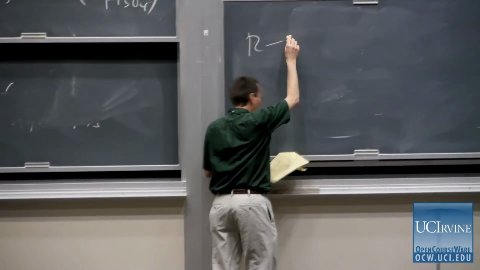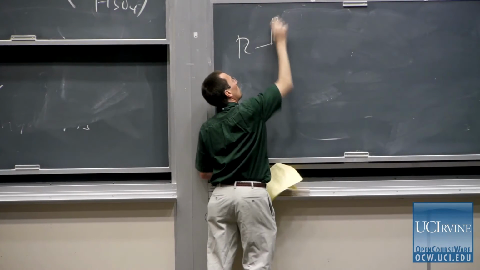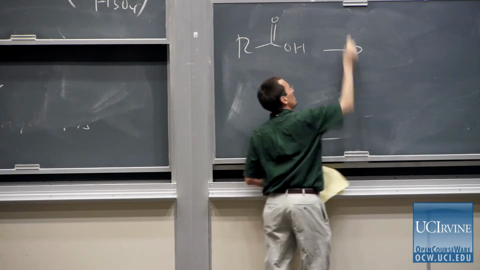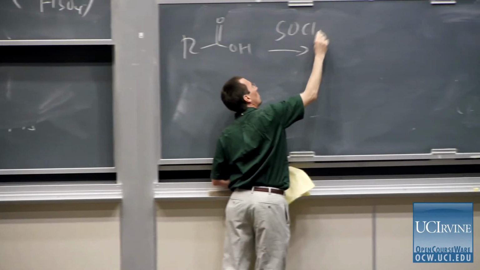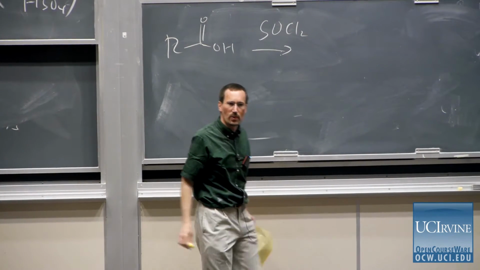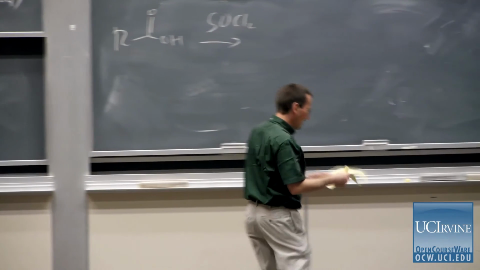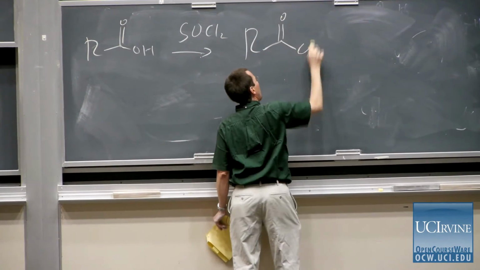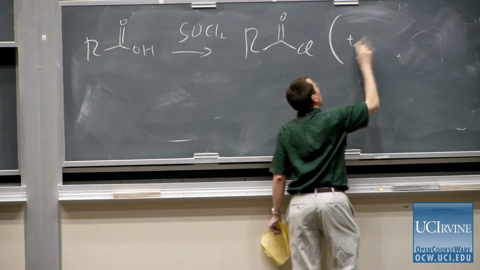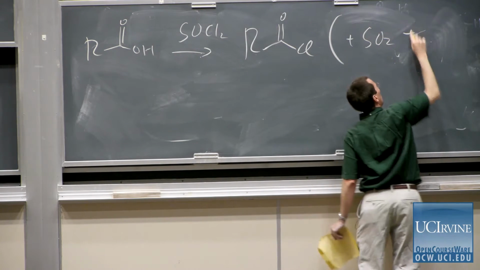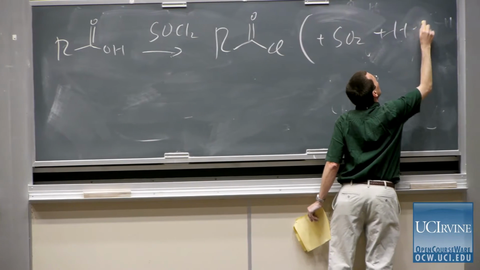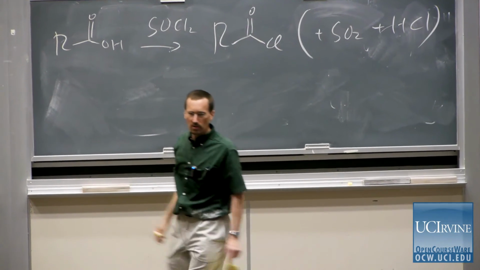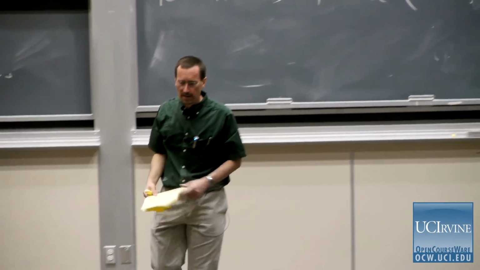Treating a carboxylic acid with thionyl chloride is a great way to do it. There are a few other species that are also used for this, but thionyl chloride, SOCl2, is particularly popular. And the products of the reaction are the carboxylic acid chloride, plus, if we're going to write a balanced equation, sulfur dioxide and HCl, hydrogen chloride gas, which generally bubble out.